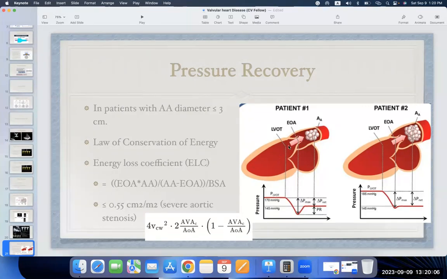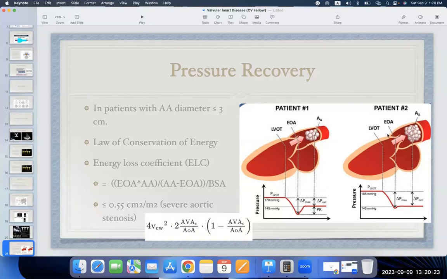And once the blood crosses the aortic valve, it will start to decelerate. So part of this kinetic energy is going to be converted either to pressure, like static energy, or into heat.